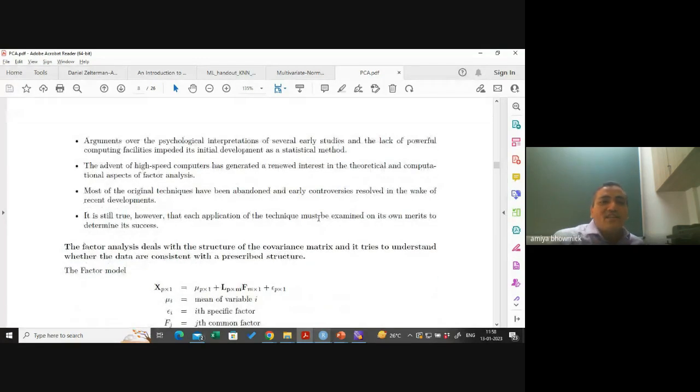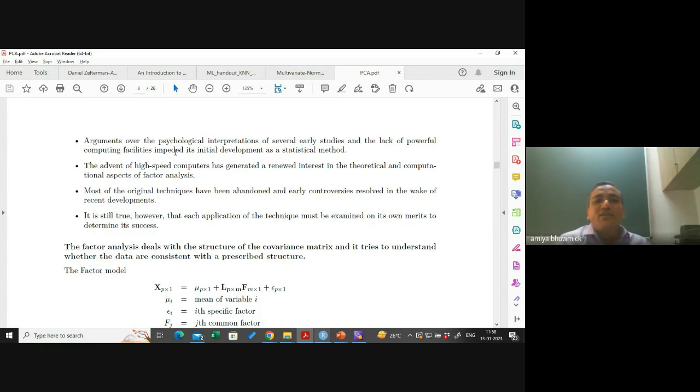It also says that arguments over the psychological interpretations of several early studies and the lack of powerful computing facilities impeded its initial development as a statistical method. So initially it had a very tough time being considered a valid statistical method.